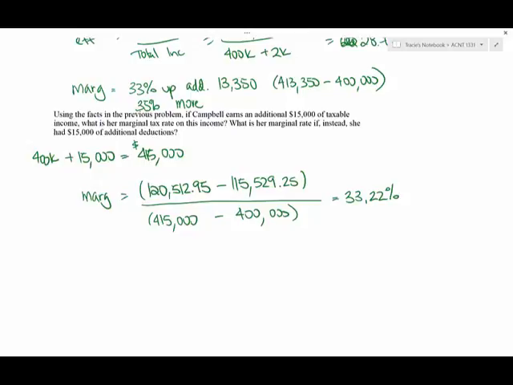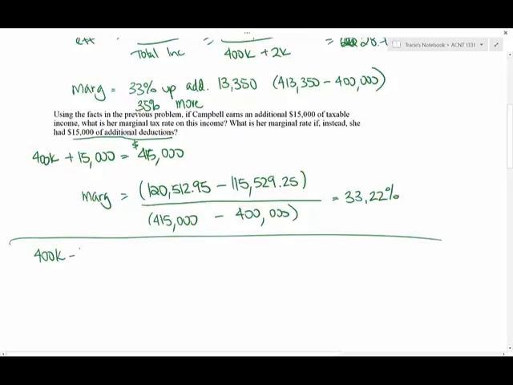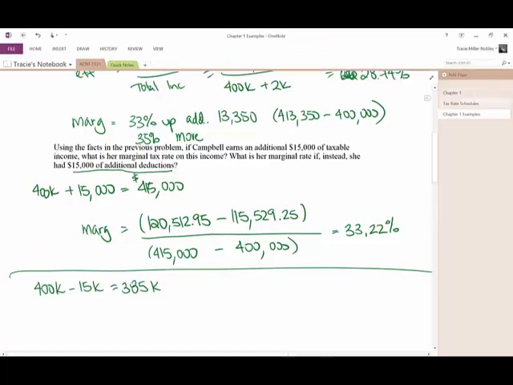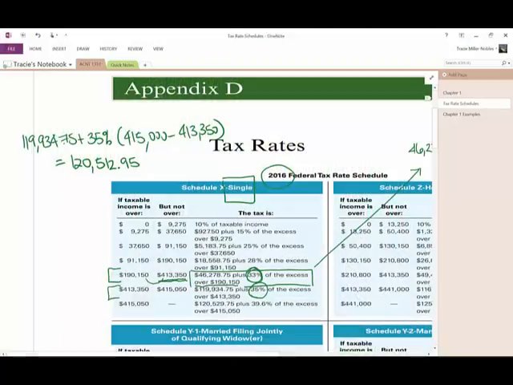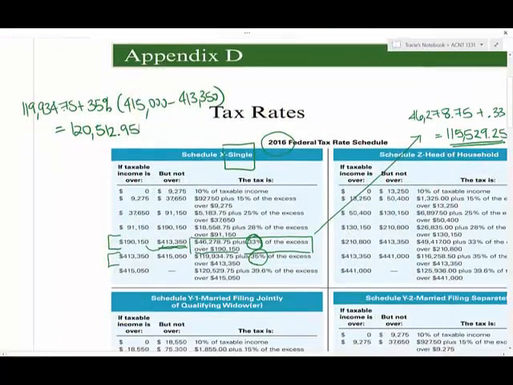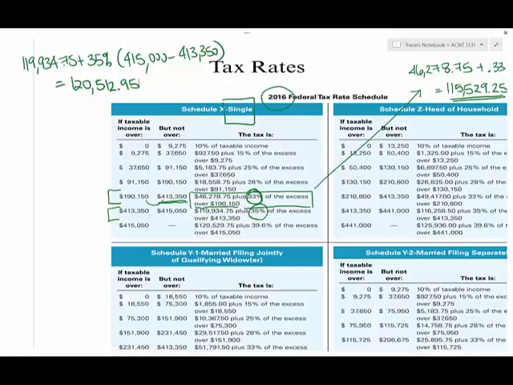Okay, now let's do the opposite. It says, what if it would have been $15,000 of deductions? Under the deduction scenario, it would be $400,000 minus $15,000, and her taxable income would be $385,000. So I will come over to my tax rate schedules, and now she's at 385, which puts her back in this 33% bracket.